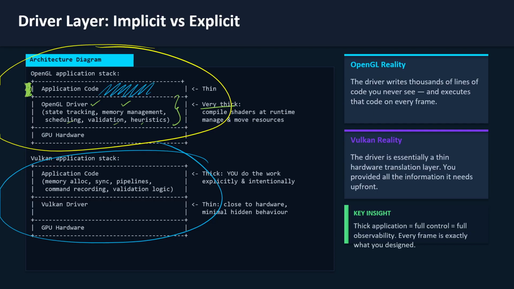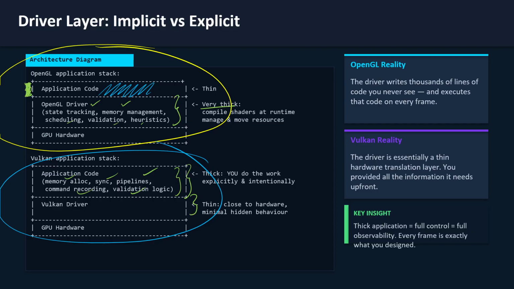If you see the Vulkan application code, you are the one writing this, so you are doing memory allocation, synchronization, and pipeline creation for graphics or compute. You are recording your command buffers, writing validating logic, and giving it to the GPU to get it executed upfront. So there is a good thick level of programming that you have to do, but at the same time the driver is very thin.